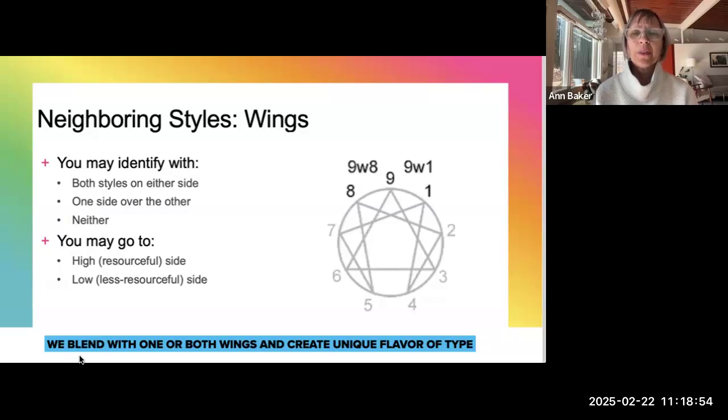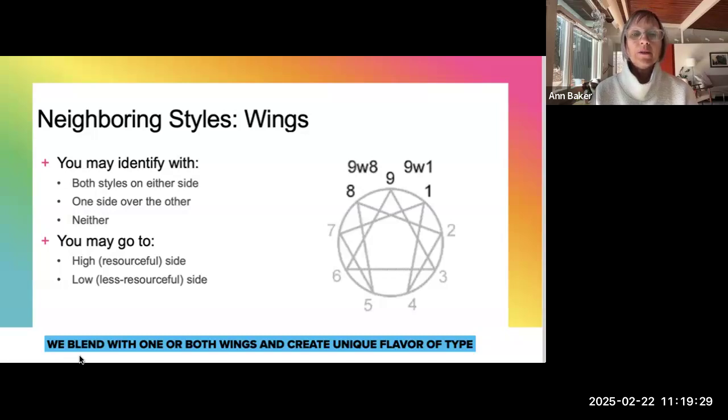So relaxing, becoming aware of that for the 9, and taking on some of that assertiveness of the 8 or the directionality of the 1 is a really powerful move for the 9. I don't have time in this video to go through the whole circle, but each type has a neighbor that is a natural balance for that type.